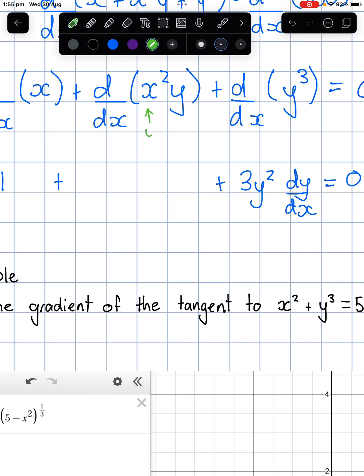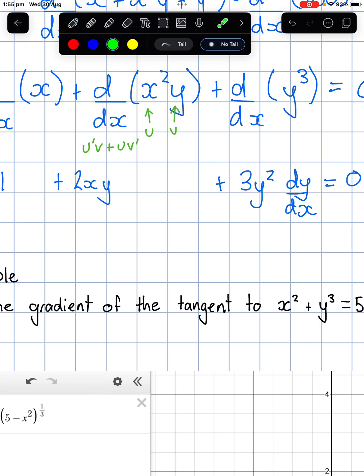Now, for this one here, this is going to be u, and this is going to be v. If we remember with the product rule, we do u dash v plus u v dash. That means the first one we do is the derivative of x squared, so we do 2x times y.